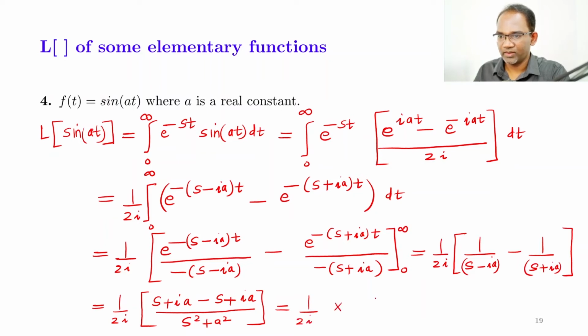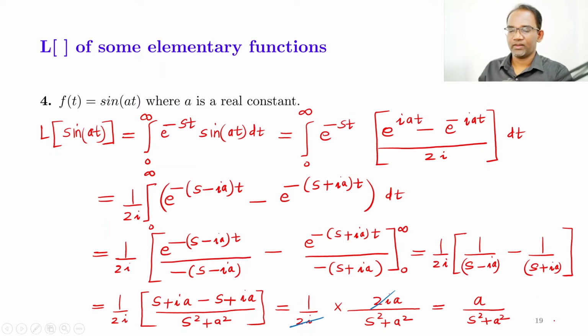Then in the numerator we have 2ia, in the denominator we have s square plus a square. 2i and 2i cancel, and this is equal to a over s square plus a square. So the Laplace transform of sine at is a over s square plus a square.